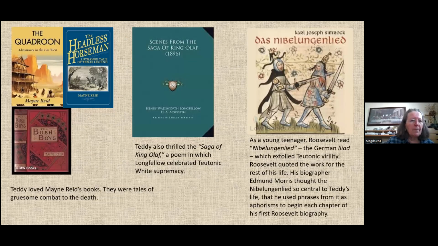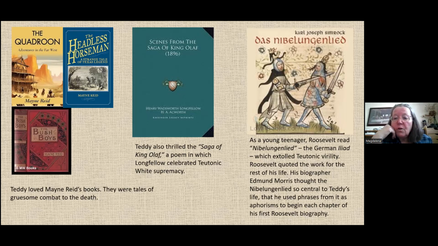So these are some of the books that Theodore Roosevelt would read when he was a child. He loved the Mayne Reid books. They were tales of gruesome combat to the death. He also loved the saga of King Olaf, which was written by Henry Wadsworth Longfellow, which celebrated Teutonic white supremacy.